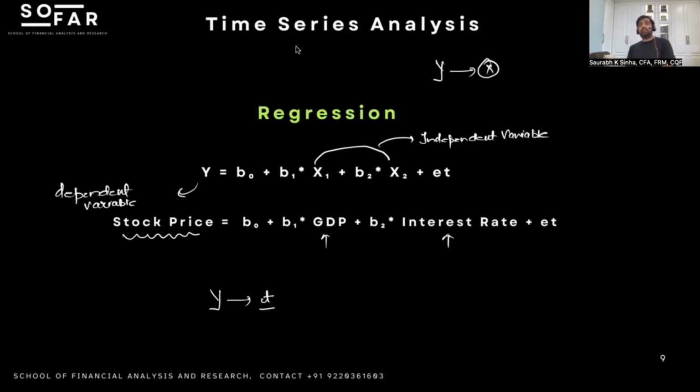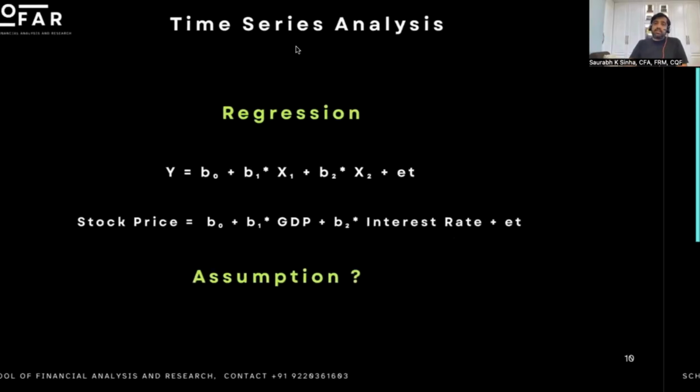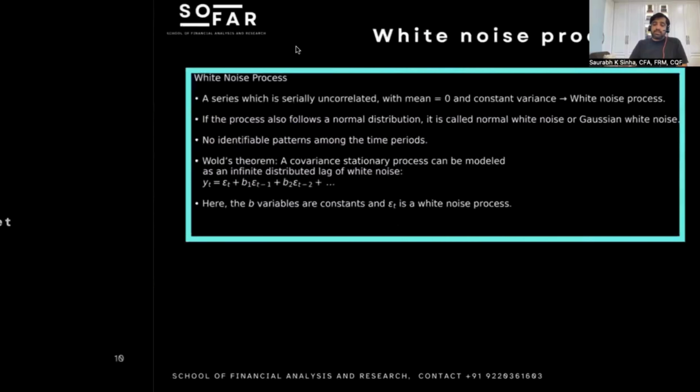Very weird independent variable. So I'm saying with the help of that independent variable, I'm trying to predict my Y. And that gives rise to another study, that is time series analysis.